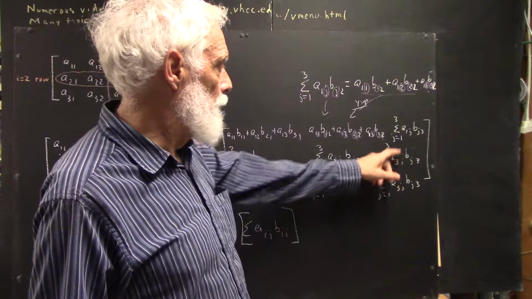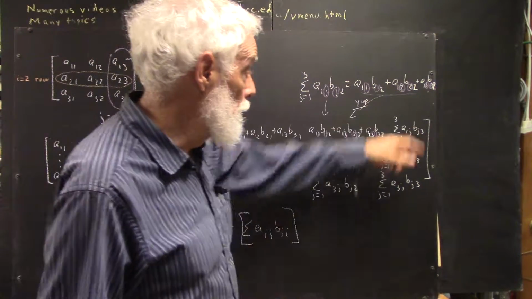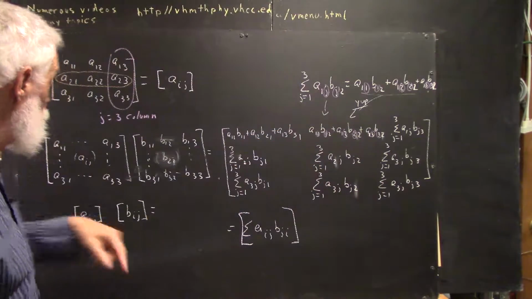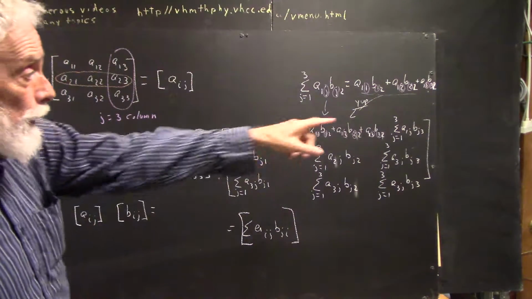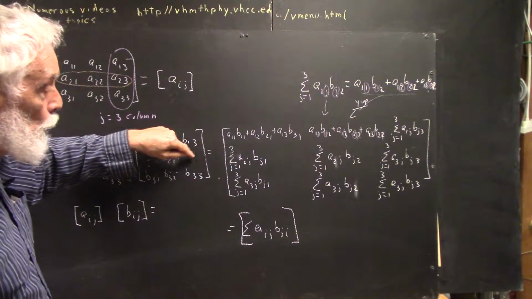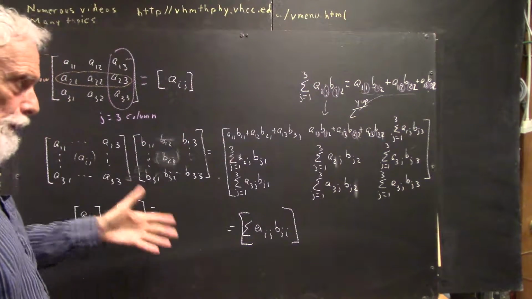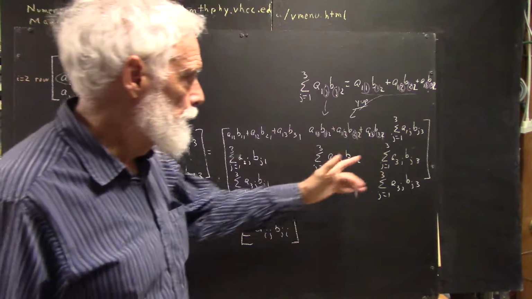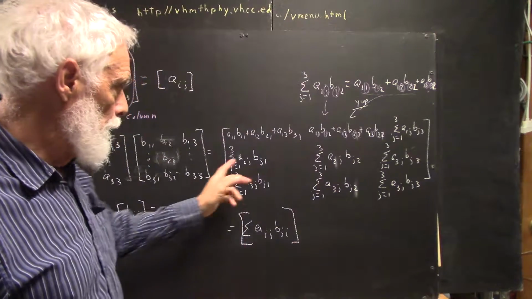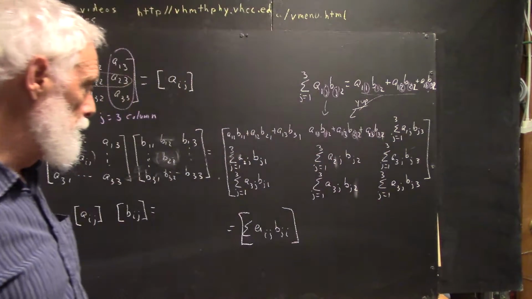And then if j equals 2, I get the second number in the first row, which would be a12, times the second number in the column, which would be b23. And then the third number. Okay, well, then you can see, and you should check it out, that these, I believe, are correct.